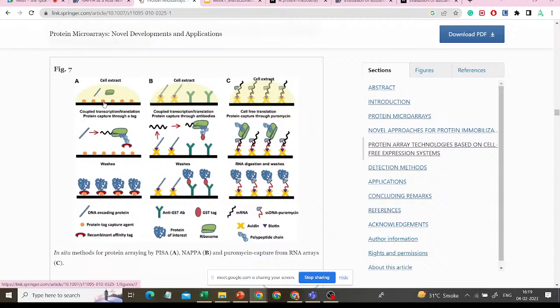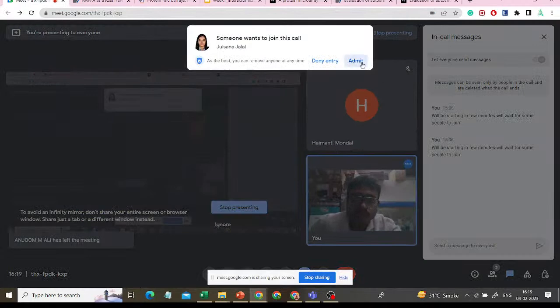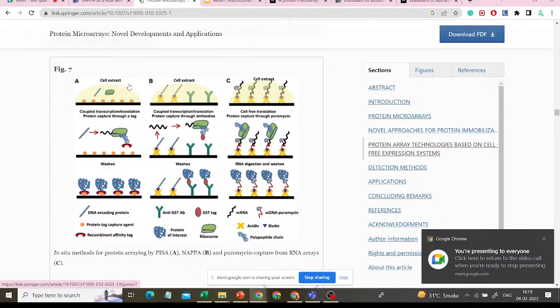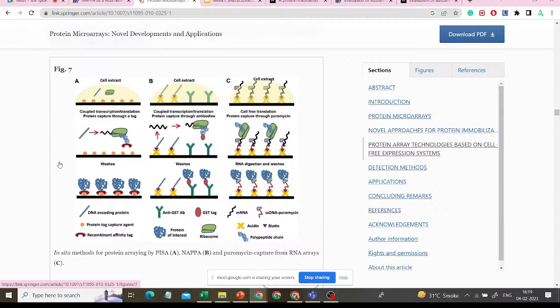So what are the differences? Here, coupled transcription and translation, protein capture through a tag, and then you do the wash. The DNA encodes the protein, the tag capture region, and a recombinant affinity tag. This is similar for the protein in situ array, which lets the protein tag bind the capture agent, and once you pass the proteins through it, you can identify them.